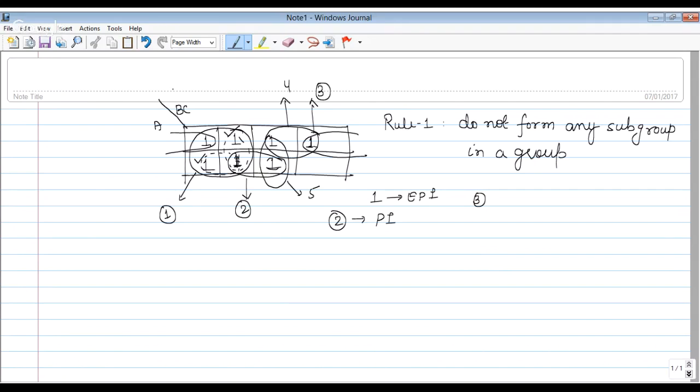The third one is covered in a square as well as in a pair, so it is also a PI. Similarly the fourth one, this one, is also a PI, since both ones are covered by more than one group.